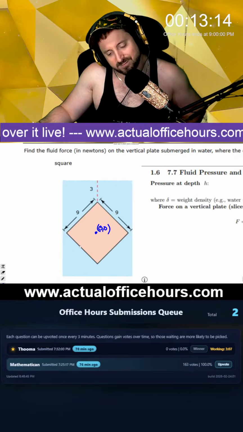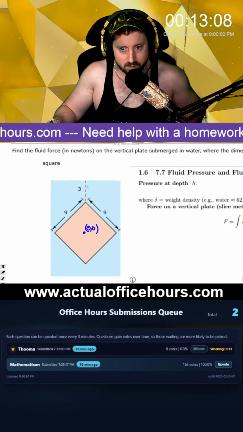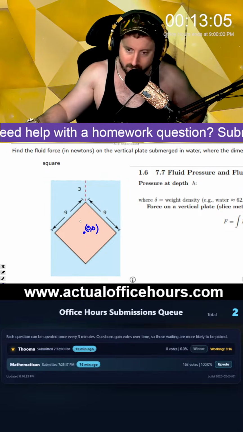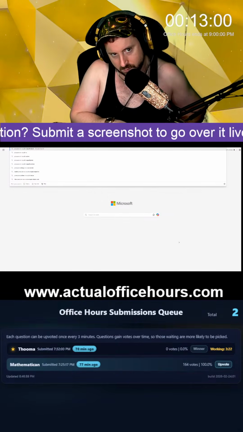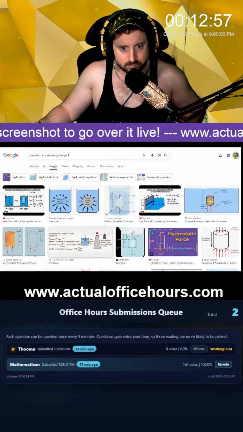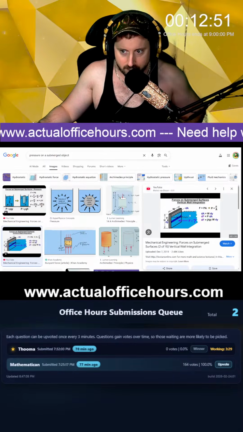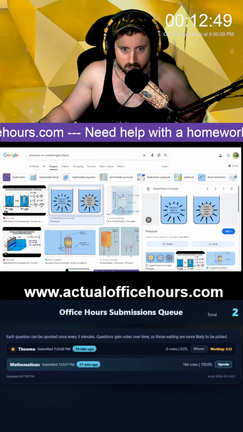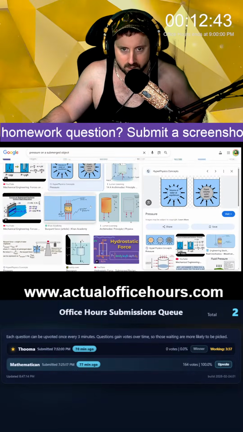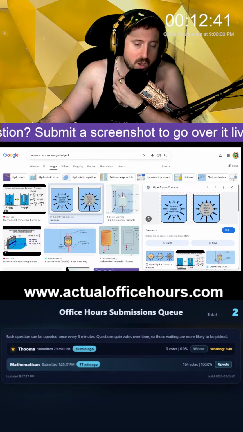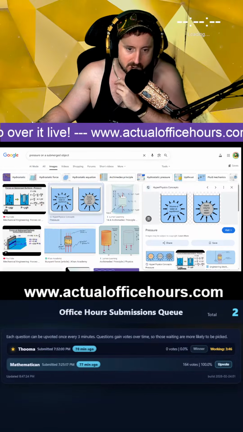My question here though is that the fluid is exerting force symmetrically because this is a symmetric object. Usually, let me find an example question. This is usually what happens. But isn't the net force equal to 0 then? Well, sorry, there is a net force upwards. Oh, and that's the buoyancy then.